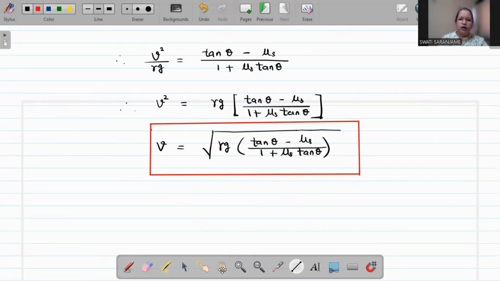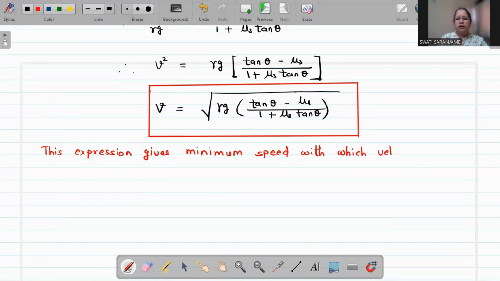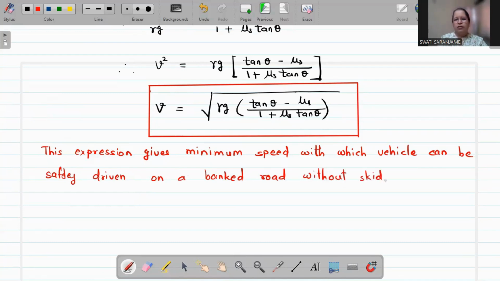Okay, so this is what we got, and let us write that this expression gives the minimum speed with which a vehicle can be safely driven on a banked road without skidding downwards.